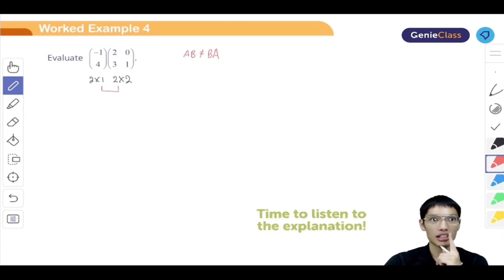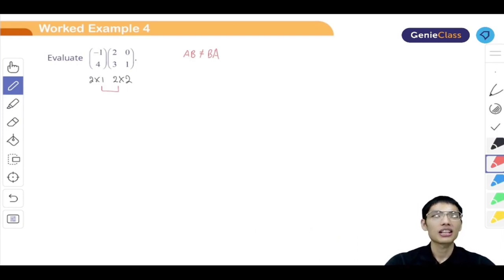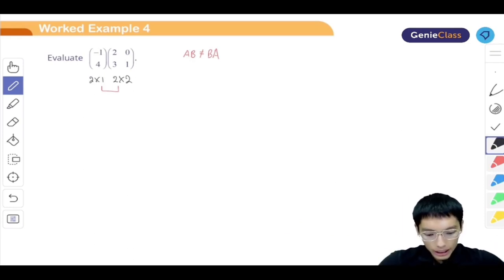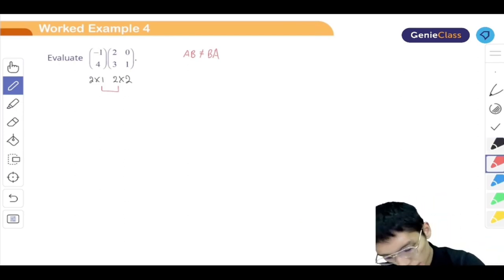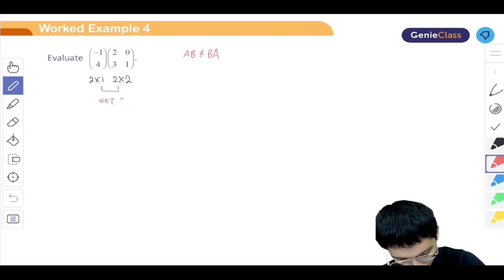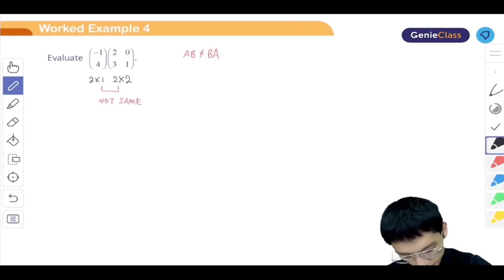So how will I let you explain how we get the answer? Suppose, let's say, I don't believe you, teacher. I want to try to multiply, even though the rows and columns are not the same. So what do I do?